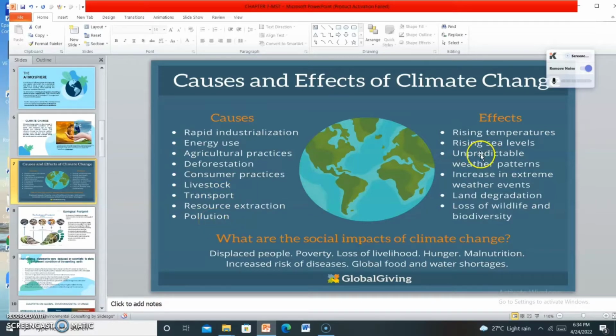And the effects of these are rising temperatures, rising sea levels, unpredictable weather patterns, increase in extreme weather events, land degradation, loss of wildlife, and loss of biodiversity. What are the social impacts of climate change? First are displaced people, poverty, loss of livelihood, hunger, malnutrition, increased risk of diseases, and global food and water shortage. That is the cause and effect of climate change.